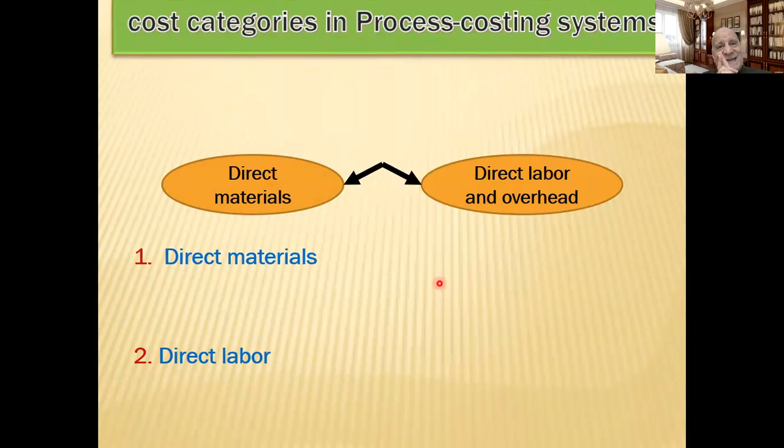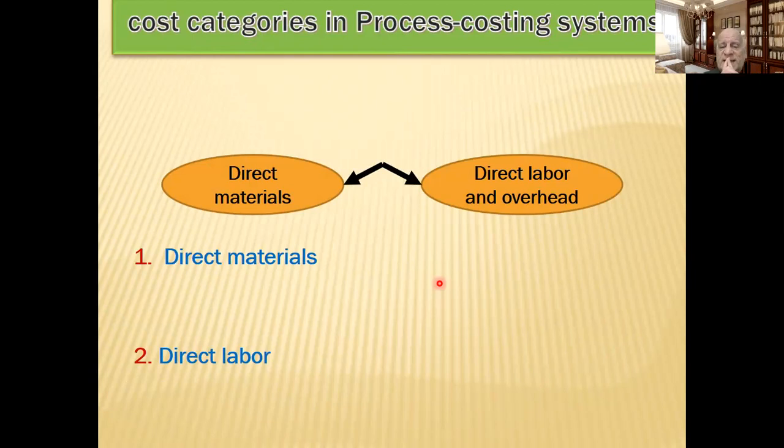Process costing systems separate costs into cost categories according to the time when costs are introduced in the process.